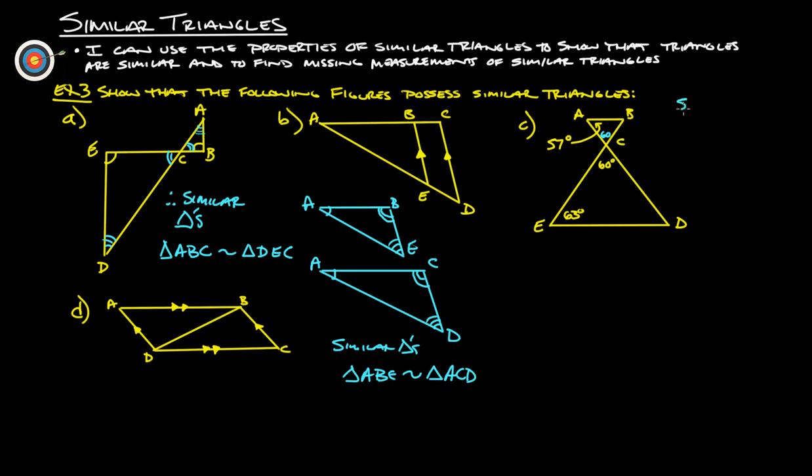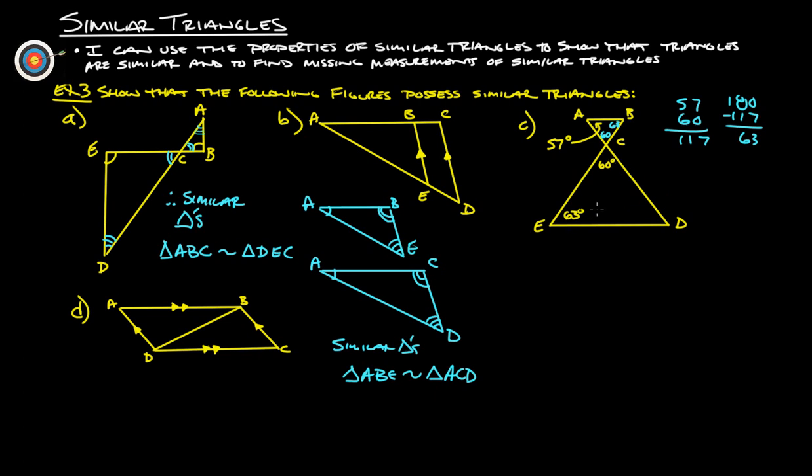So 57 and 60 gives us 117. It has to add up to 180, so 180 minus 117 gives us 63. So this is 63, and that's 57.